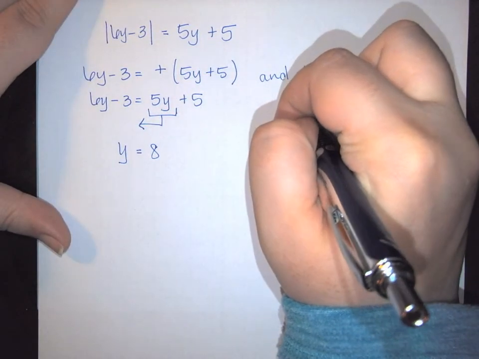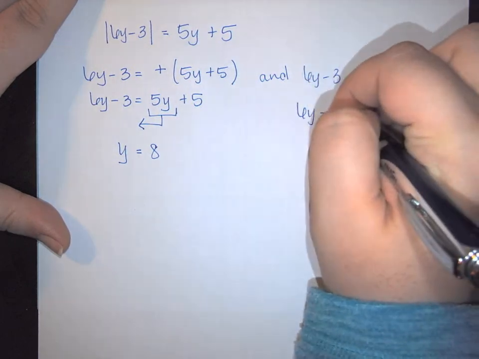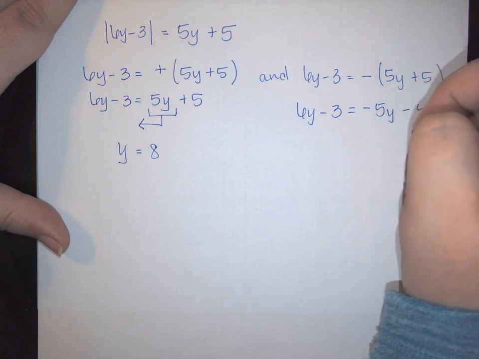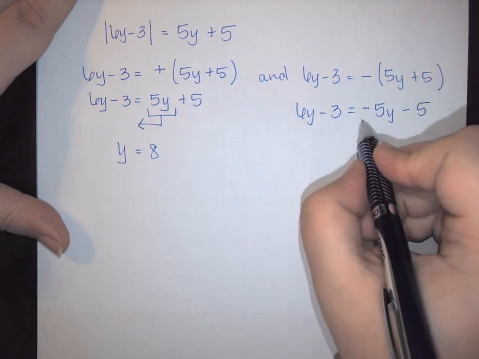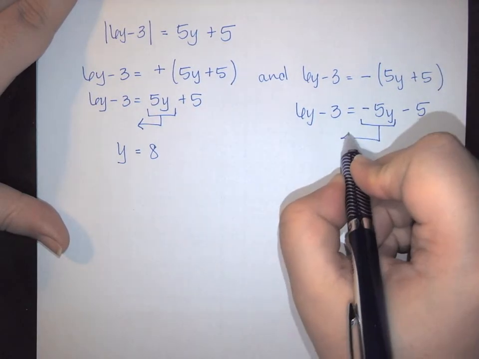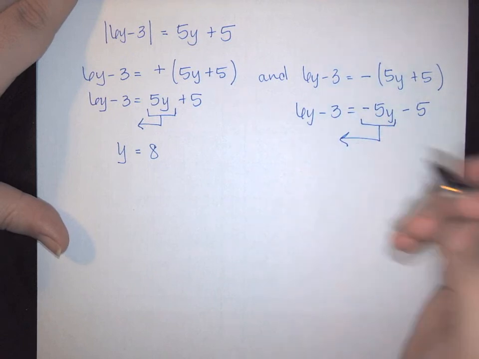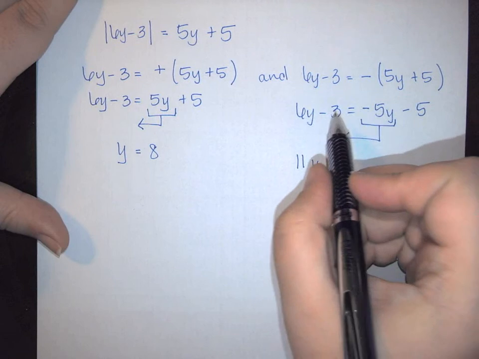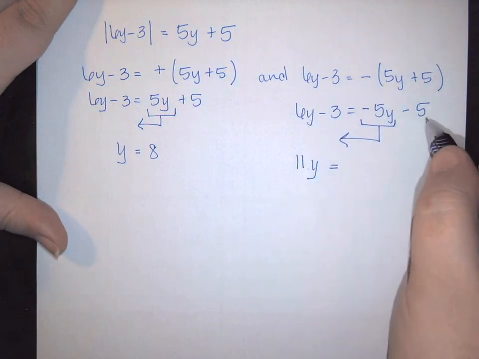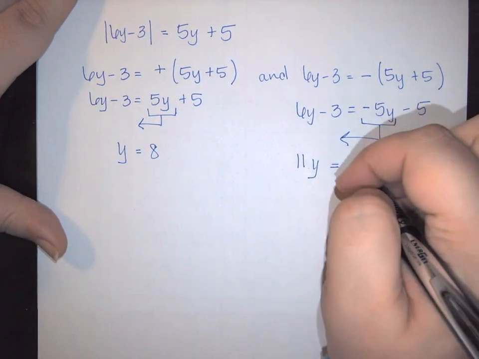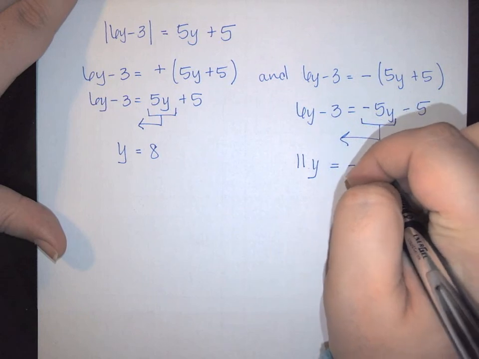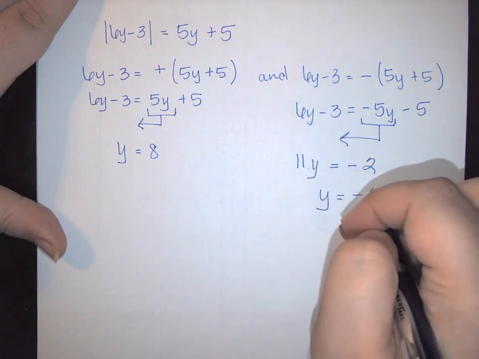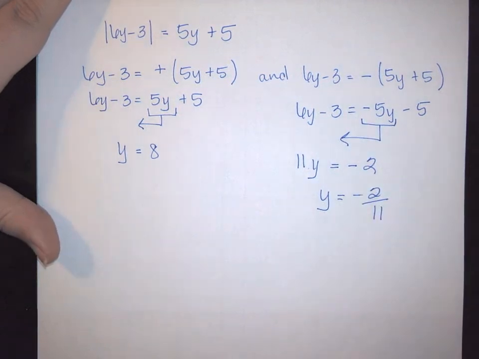So I'm going to have 6y minus 3 is equal to negative 5y minus 5. I'm going to take this 5y and, just like before, move it. 6 plus 5 is going to give me 11y. Again, I'm going to move the 3. So negative 5 plus 3 is going to give me a negative 2. Get y by itself, and we have that y is equal to negative 2 over 11.